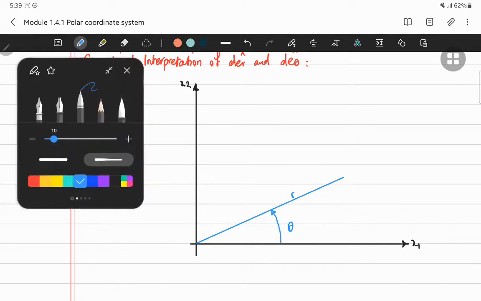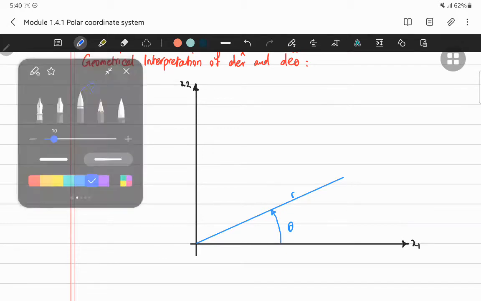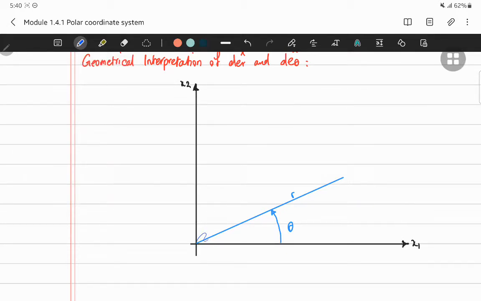And if this is increased by dr and d theta, this is r plus dr, and this is theta plus d theta.